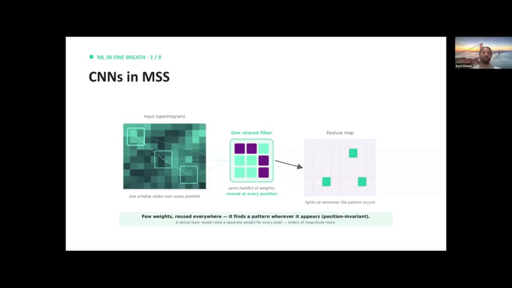So why doesn't that actually work very well in music source separation? It's basically the reason I said it was so good for images is why it maybe doesn't work so well on audio, which is that we could use this shared parameter, this shared detector that's going to look for a specific pattern, a pattern it's learned itself through training data.